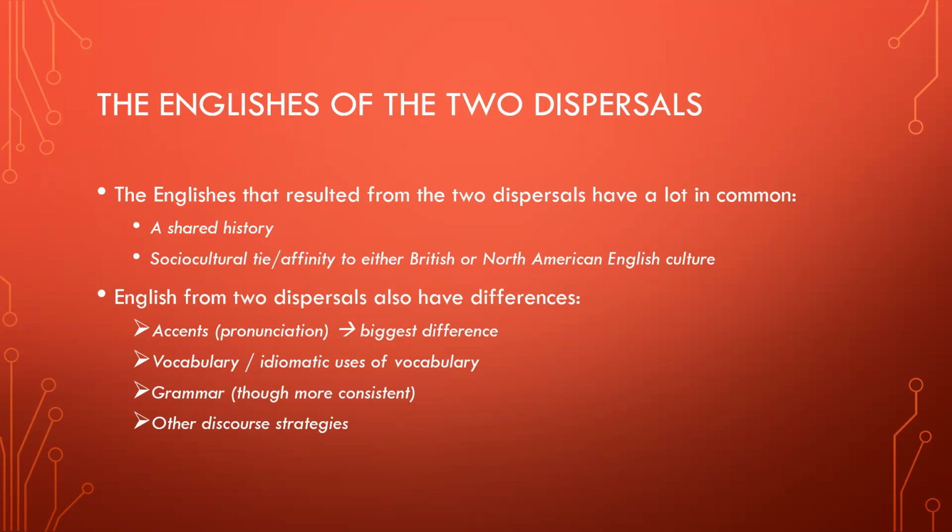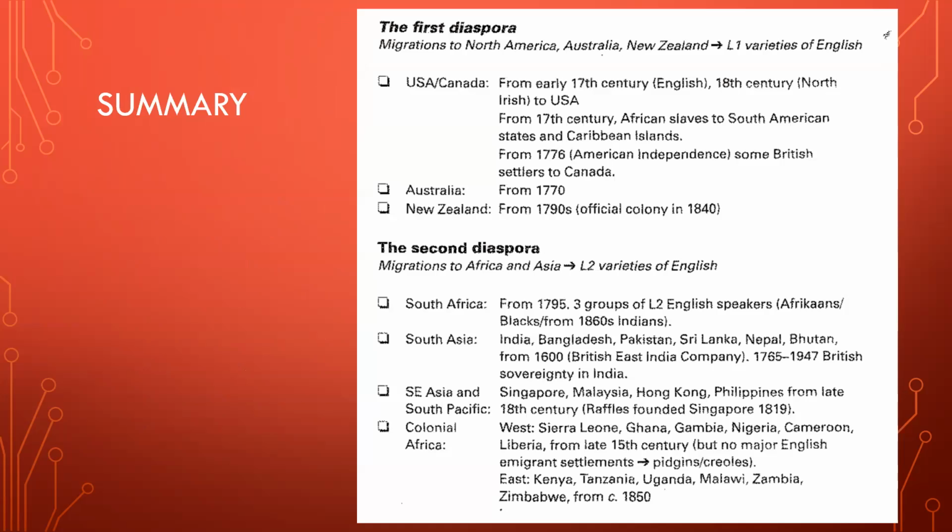We can also talk about differences in grammar, even though grammar tends to be more stable, estable, as well as other strategies of discourse, discurso, such as the organization of a sentence or storytelling. More broader categories of speech are included in discourse.